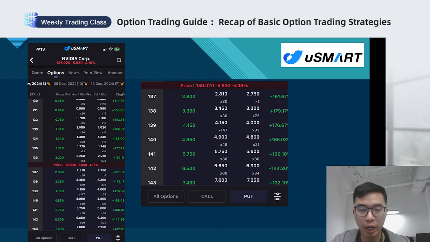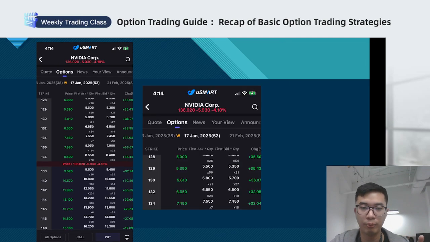You press in, then you'll see a lot of first ask, first bid information, then call or put, depending on what you want to do, and then there are expiry dates. You can choose different kinds of expiry dates. I advise more than 1 month if you want to do an option trade.